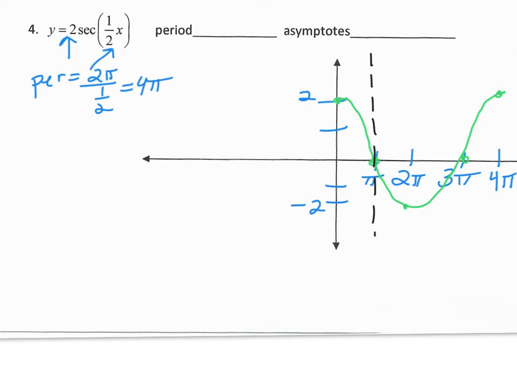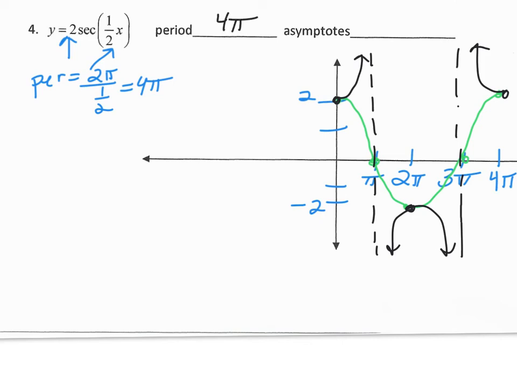So here we go. Vertical asymptote, and then all the cosine pieces are going to flip toward the asymptotes like this. So the black curve is your final answer. Okay, so the period of this one is 4 pi, and the 2 asymptotes are at x equals pi and 3 pi.